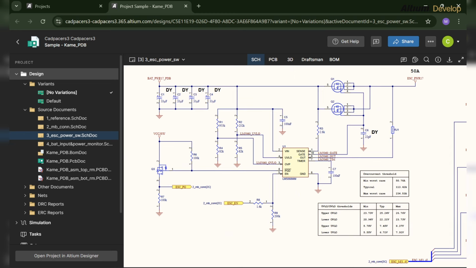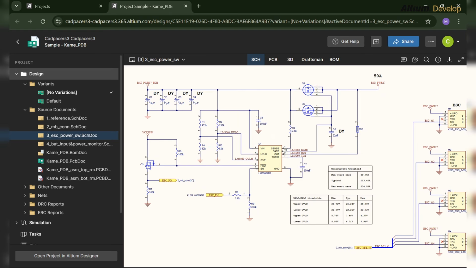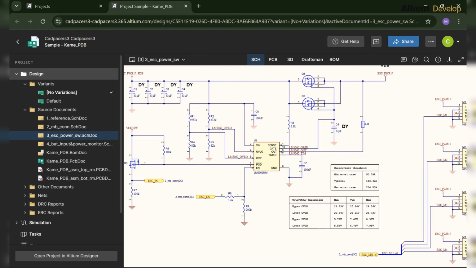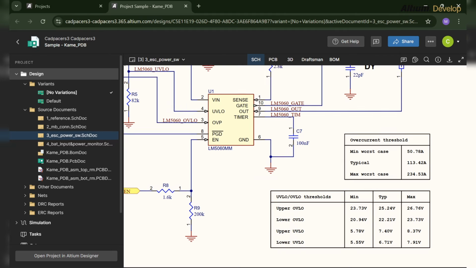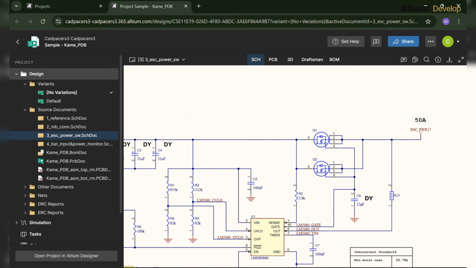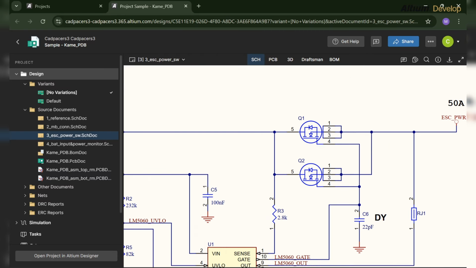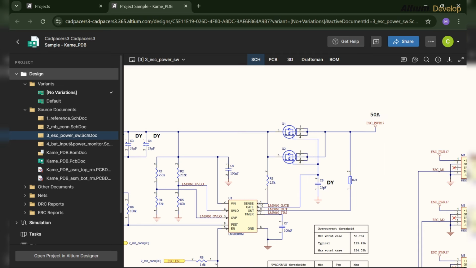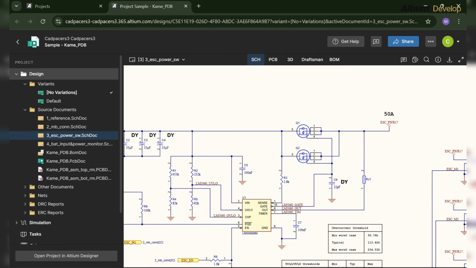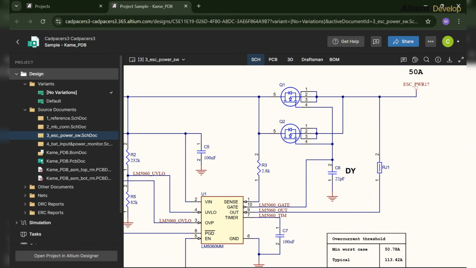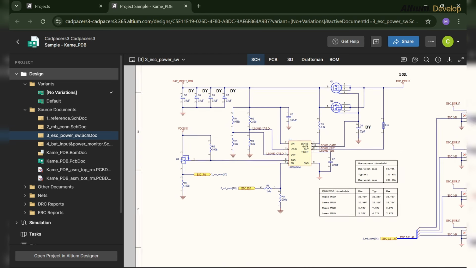Here you can see the note, under voltage lockout threshold, is given with this IC. So when a new engineer sees this, he can get the idea what the circuit is about. He can go to its datasheet and see what the circuit should be for the under voltage lockout case. And two MOSFETs are connected in parallel with a common gate, so it's for the ORing purpose.